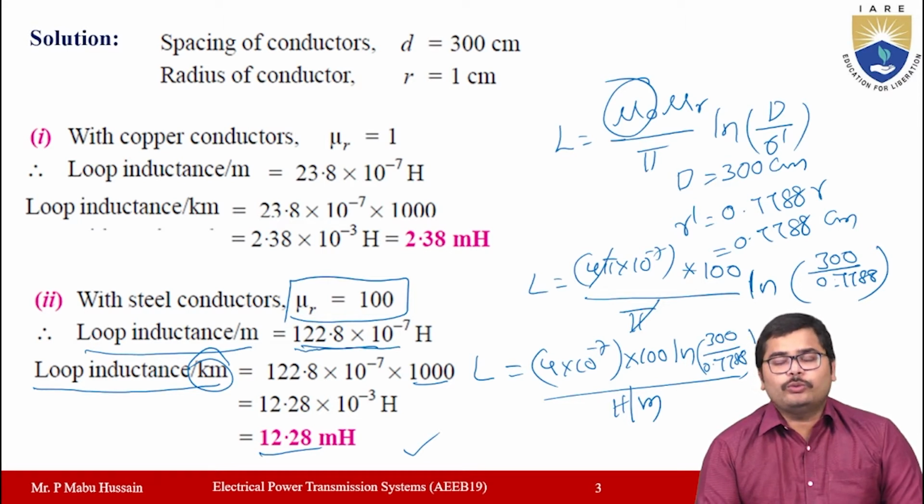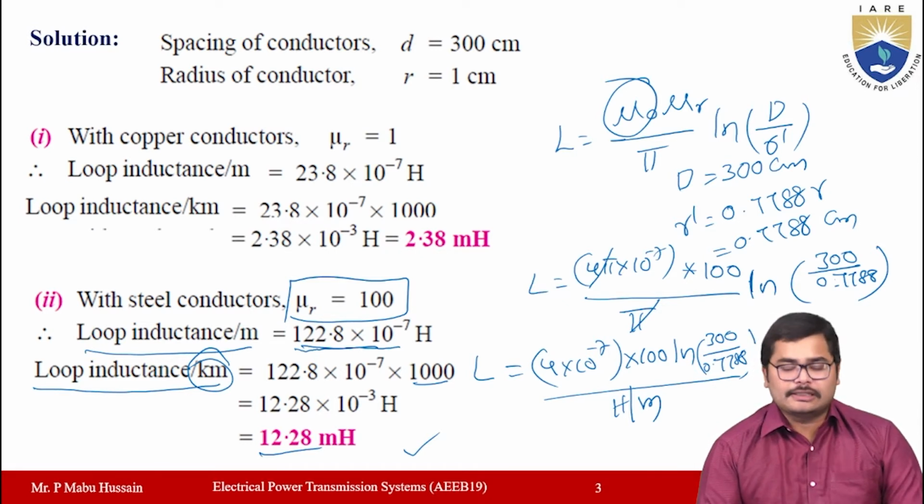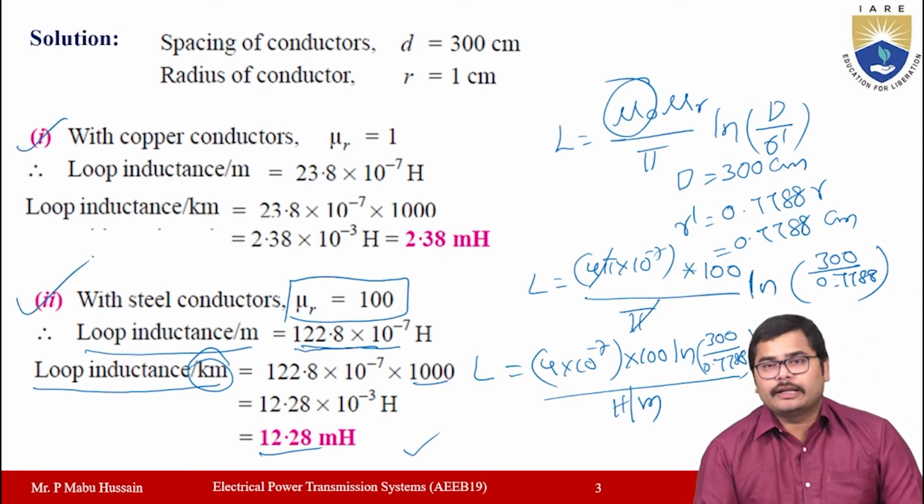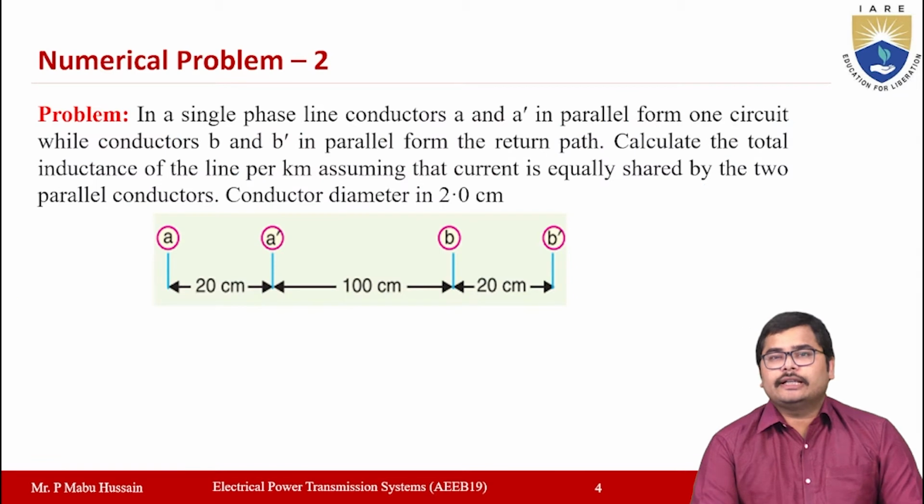So if two conductors have the same radius, and suppose the conductors are made up of different materials, first copper and second steel, we have seen here how you can determine the inductance. So let us see another problem.